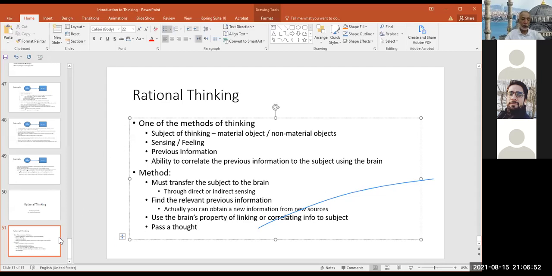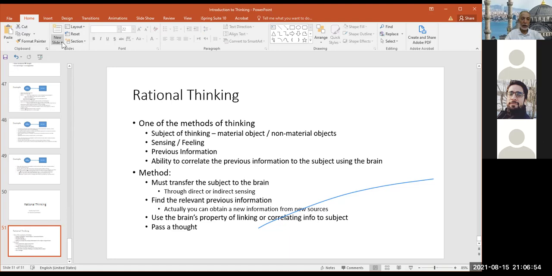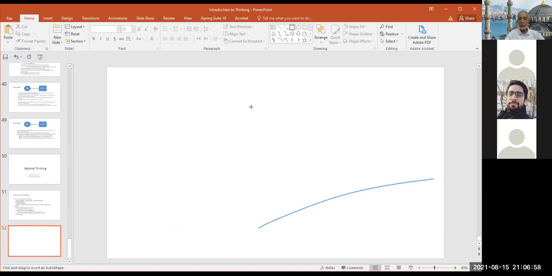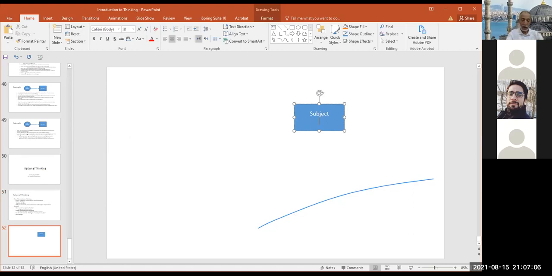Let me put it in diagram format. So this is my subject, let's say, for example, a tree. So I got a tree, and here is my brain.